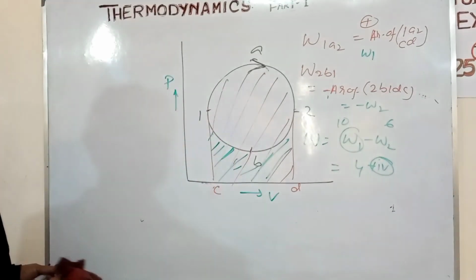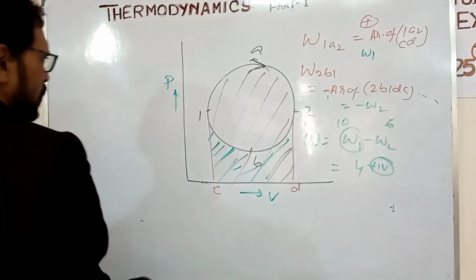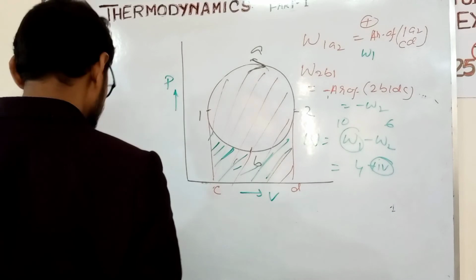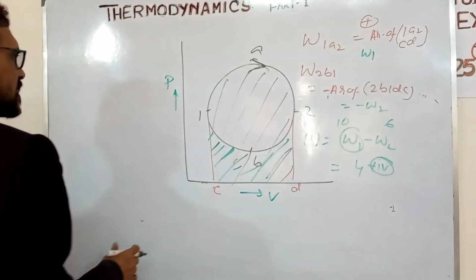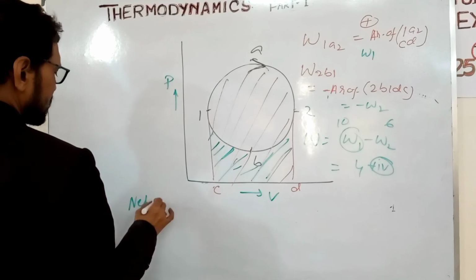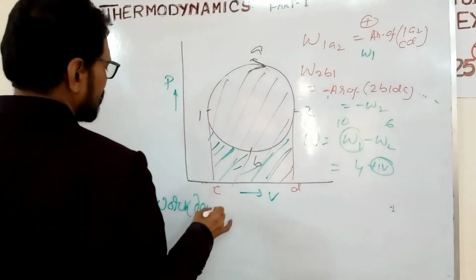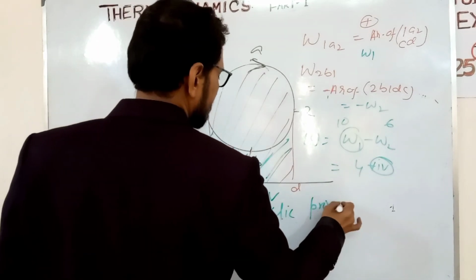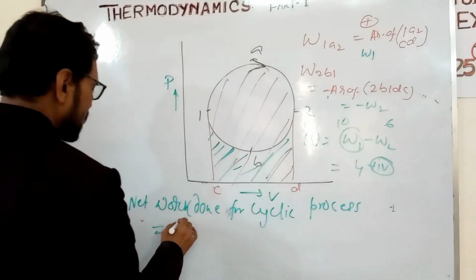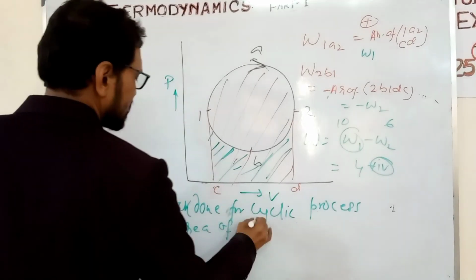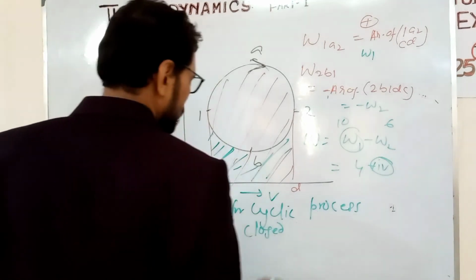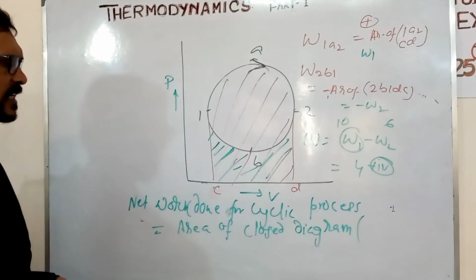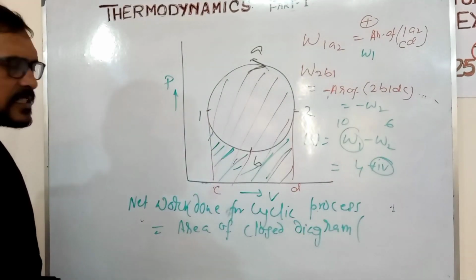From this calculation we see that the net work done for a cyclic process equals the area of this closed diagram. The area of the closed diagram or closed graph equals the net work done for the cyclic process.